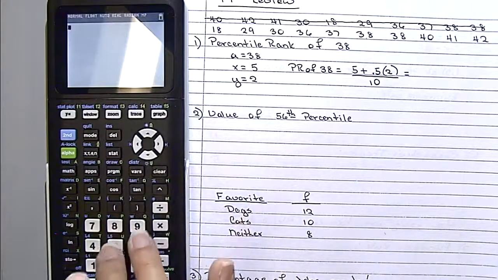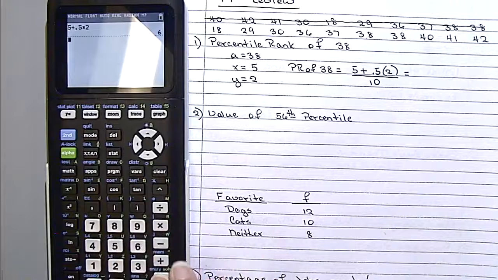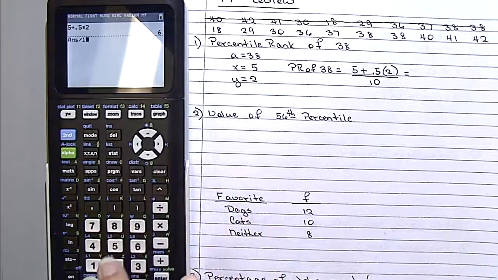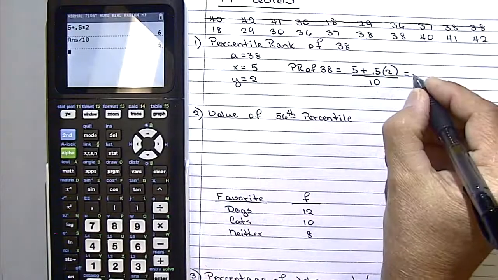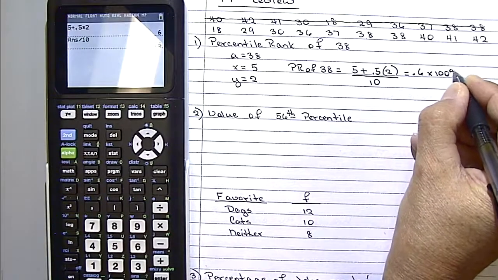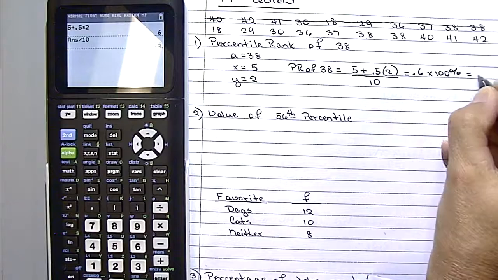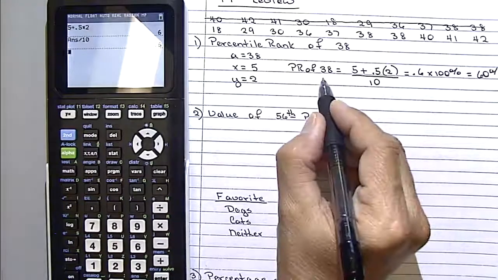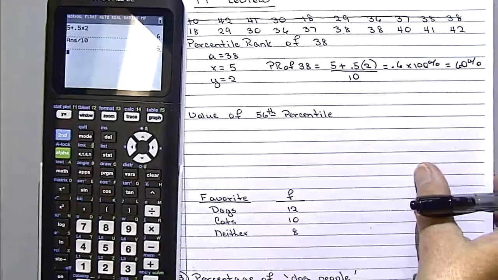Okay, so I've got 5 plus 0.5 times 2. That's as much as I can do if you're trying to do it that way. And then you're going to say divided by 10, right? And then you're going to say times 100%. And you're going to get 60%. The percentile rank of 38 is 60%.